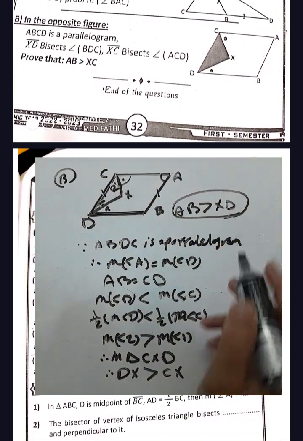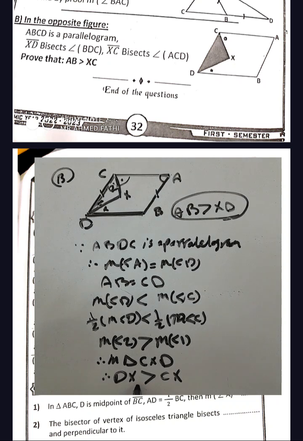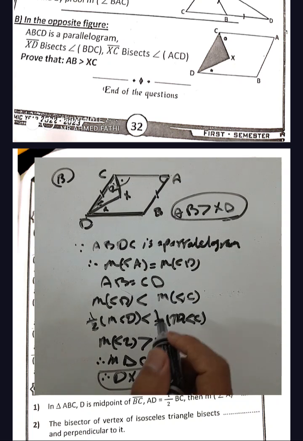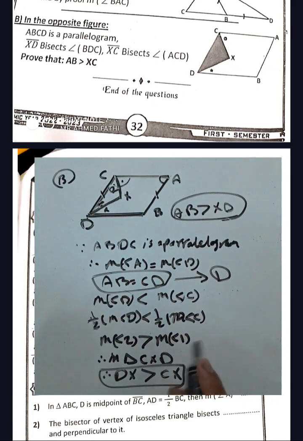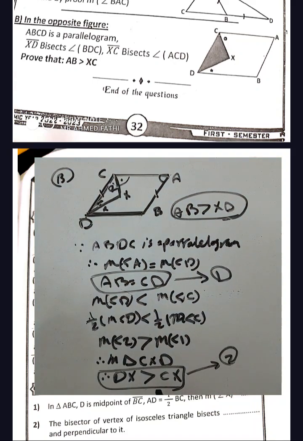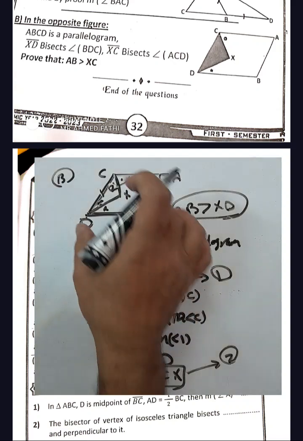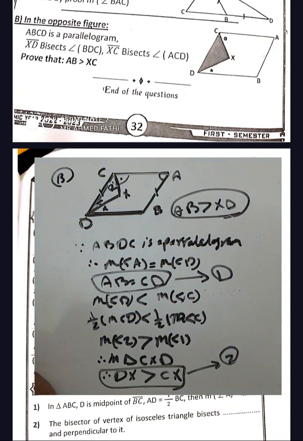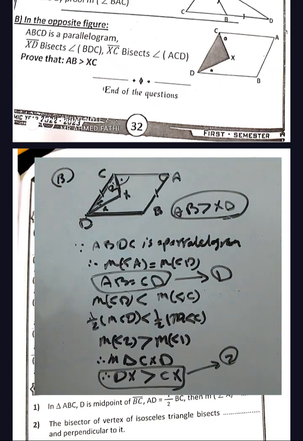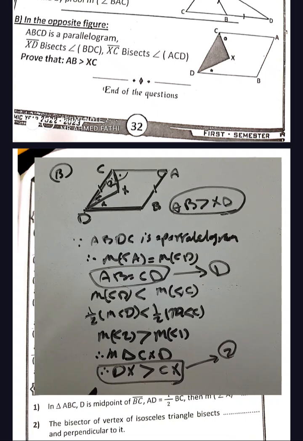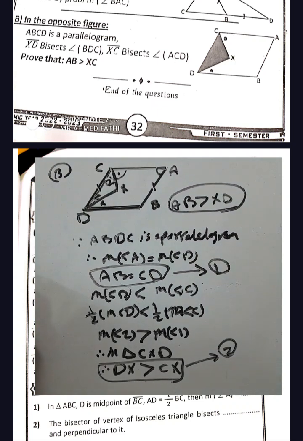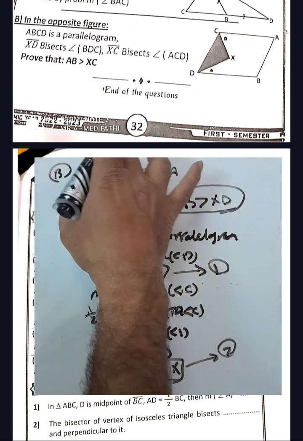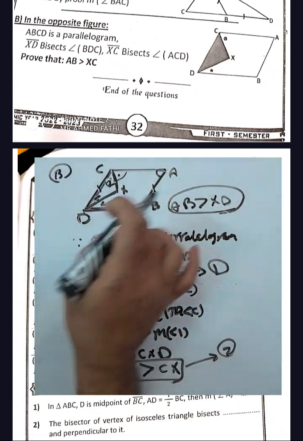Why? Because we put DX greater than CX, and we write here AB equal CD. It's relation number 1, and this is relation number 2. DX is greater than CX. We have two sides here, and we know AB is the greatest side in this triangle, because AB equals CD, and AB is greater than XD, and AB is greater than CX.